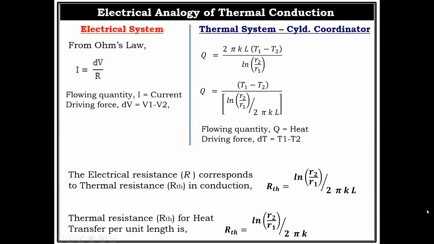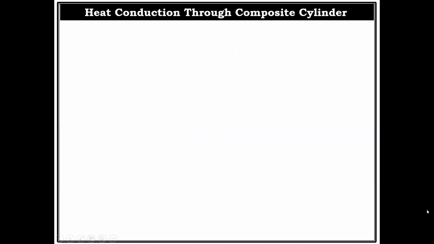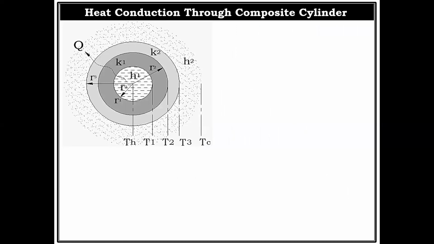So let's move to the next topic, heat conduction through a composite cylinder. And here we will consider the convection part also. As the diagram shows, there are two cylinders: an inner cylinder having radius R1 to R2 with thermal conductivity K1, and an outer cylinder having radius R2 to R3 with thermal conductivity K2.